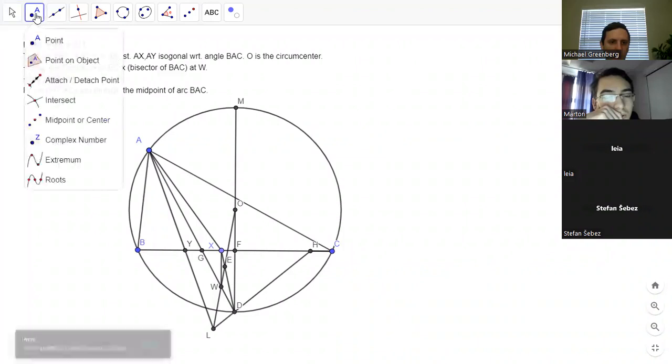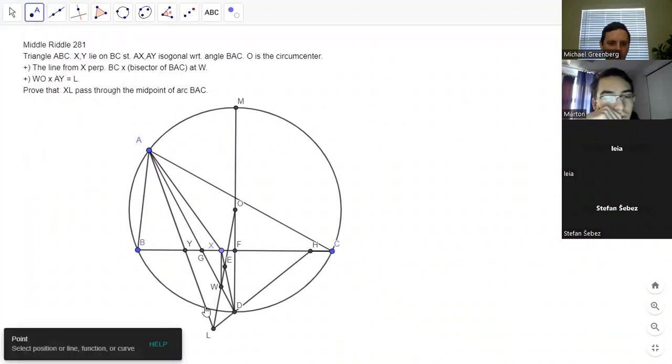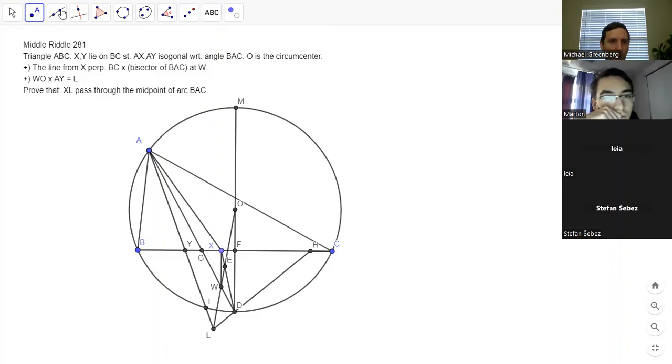And the thing with that is, maybe we could project YXGH back onto the circle, because we know AX and AY are isogonal, right?